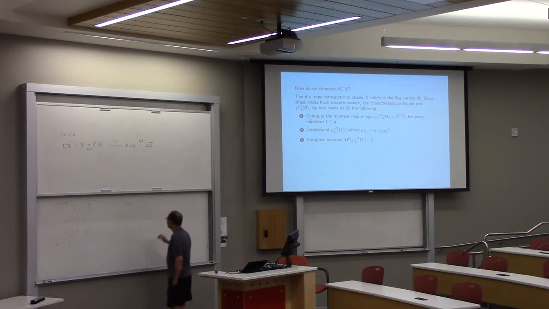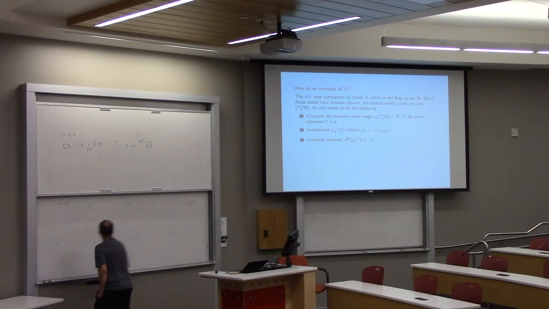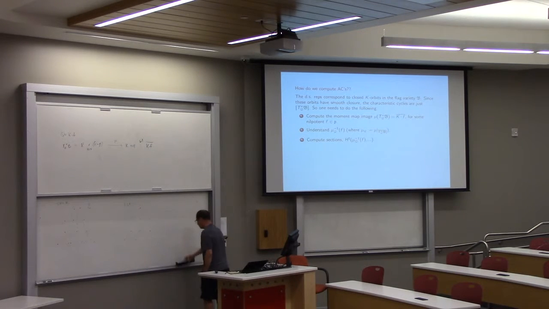And his map from KGB to nilpotent orbits, which was, I guess, the orbit 0. Zero's a column. Yeah, I'm sorry. So it's that orbit.